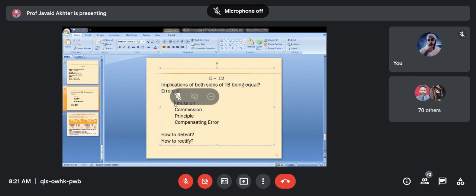Omission कहते हैं भूल जाने को, भूल जाना, किसी चीज को भूल जाना, जानबूझ करके या गलती से, unintentionally. अनइंटेंशनली. और जो जानबूझ के करते हैं उसको क्या कह सकते हैं? Intentionally.